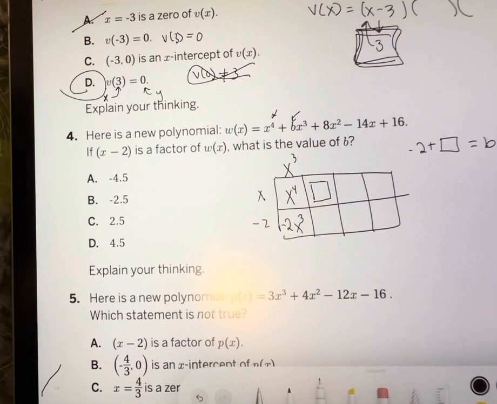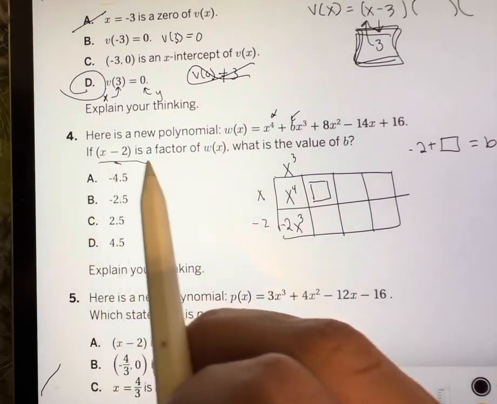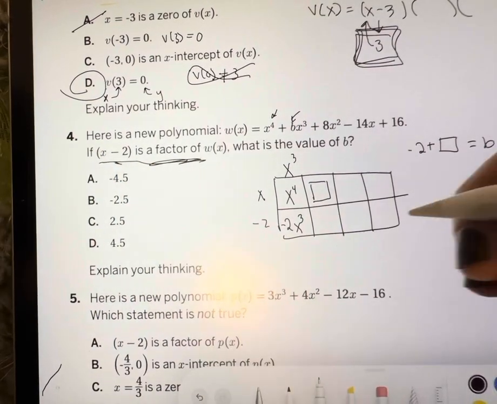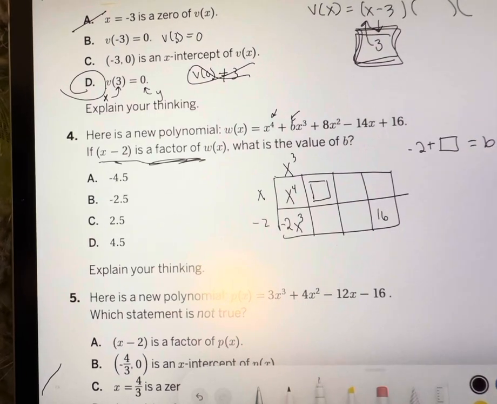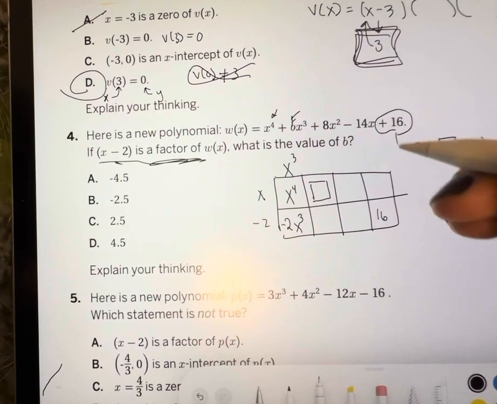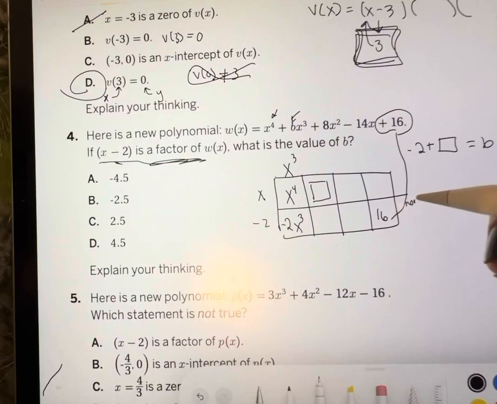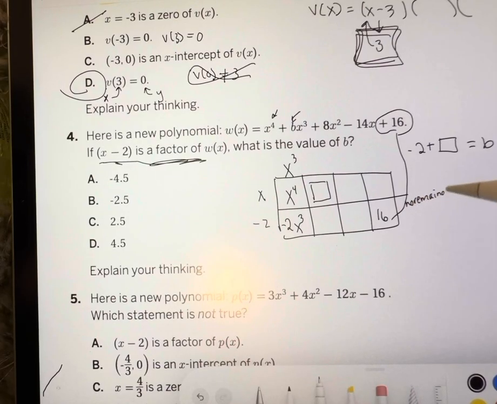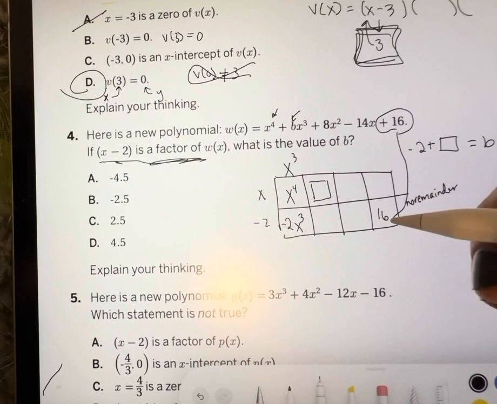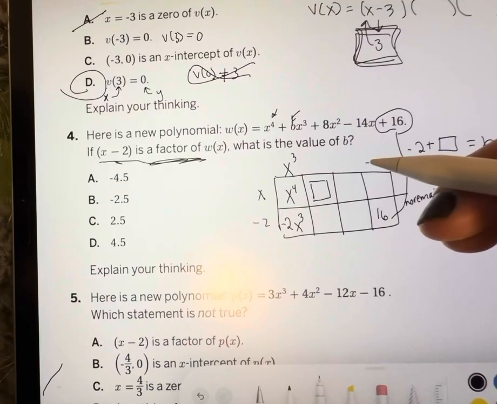Okay. We're a little bit stuck already, huh? That's no fun. Let's go backwards. If x minus 2 is indeed a factor, then we would need a 16 to be here because we would need these two to match, meaning no remainder. So if that's a 16 and that's a negative 2, this one's a negative 8.